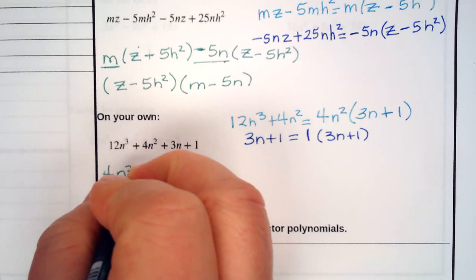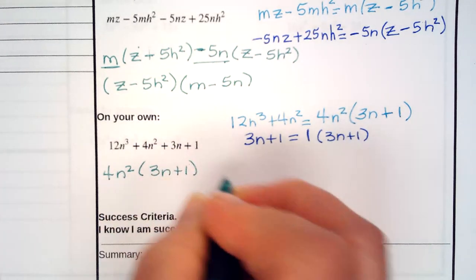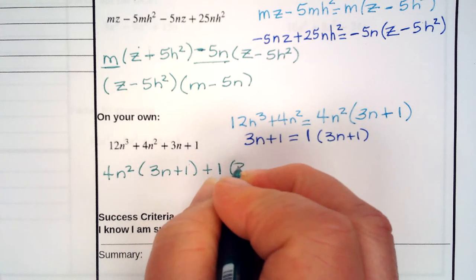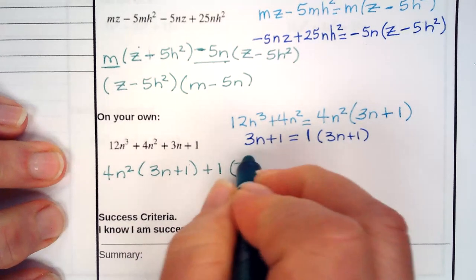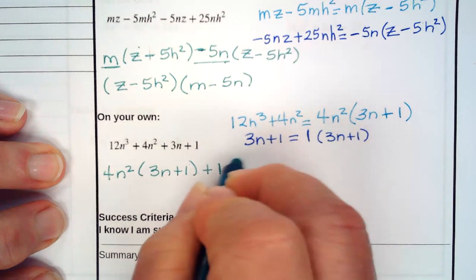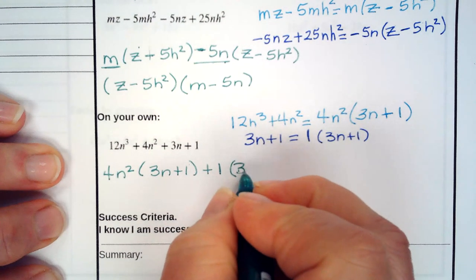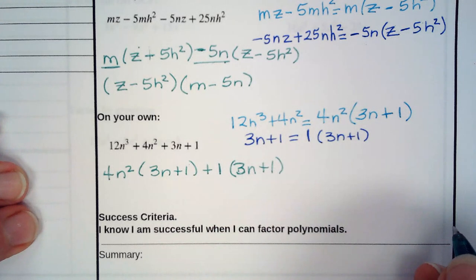Now rewriting the whole thing. 4n squared times the quantity of 3n plus 1 plus 1 times the quantity of 3n plus 1. Are my parentheses the same?